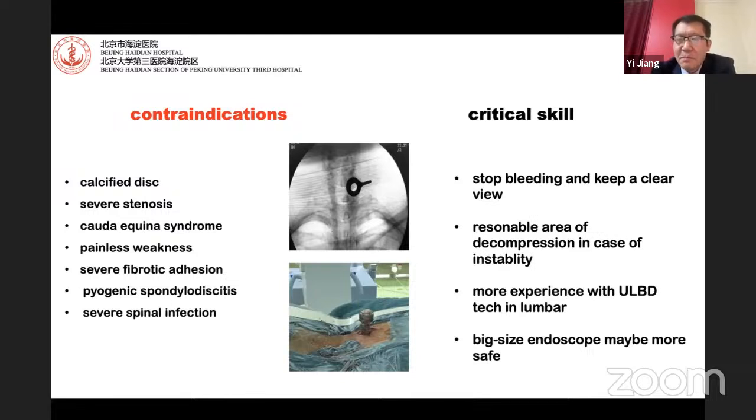It's maybe safer because the view is very stable. It's shorter than the UBE, so we can use some special equipment and tools to do the decompression.